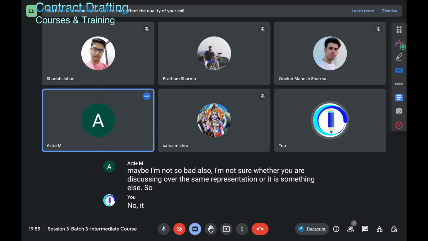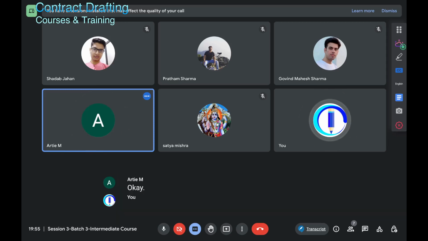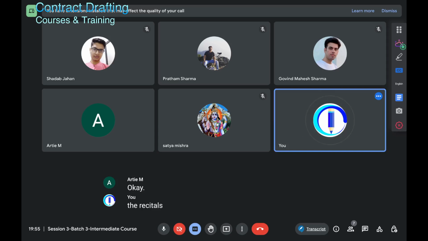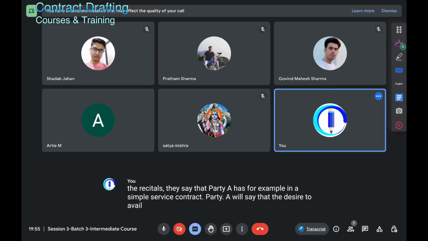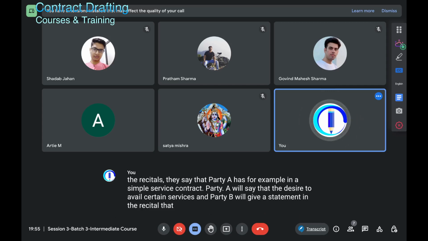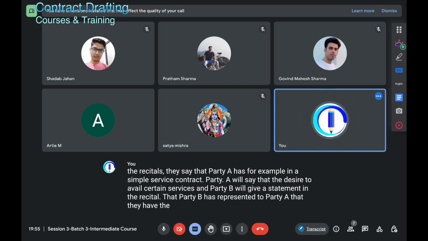What parties do is that in the recitals they say, for example, in a simple service contract, party A will say that they desire to avail certain services, and party B will give a statement in the recital that party B has represented to party A that they have the necessary skills or expertise to provide the service.